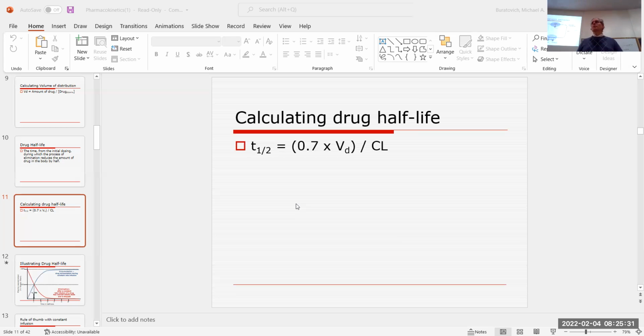Will that avoid the first pass effect? Okay, yeah, Maddie's right. It will. So some of these modes will avoid the first pass effect. Now, some of these modes of administration are not systemic. For example, you'll notice there is ocular and otic administration, administration into the eye, administration into the ear.